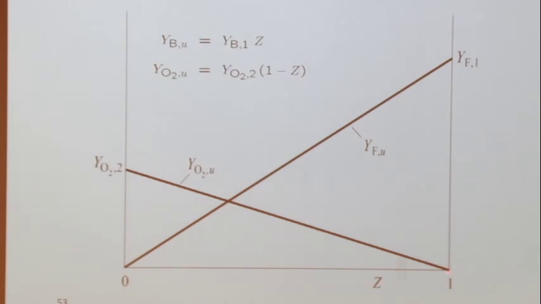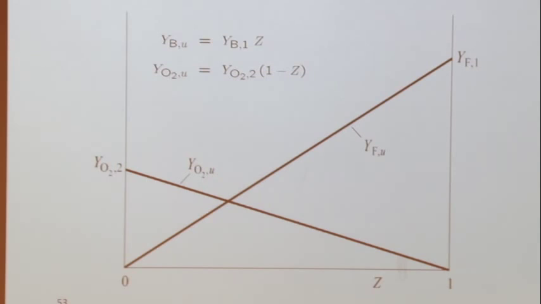In the pure fuel, it's 0. And fuel here, in our case, would be equal to 1, because it's pure propane coming out here. That varies linearly with mixture fraction again.